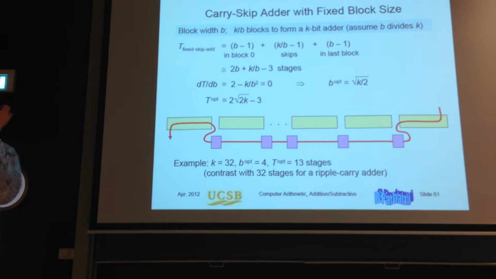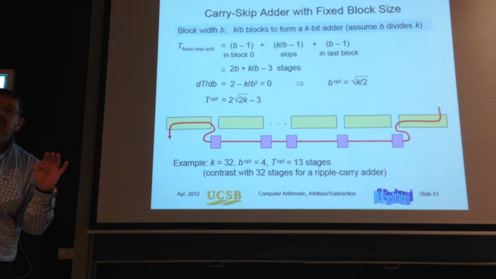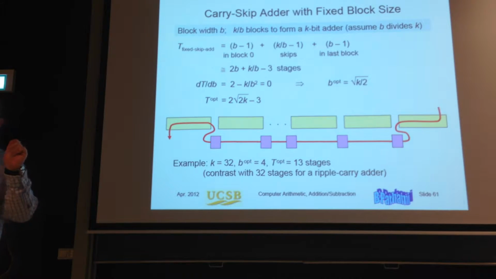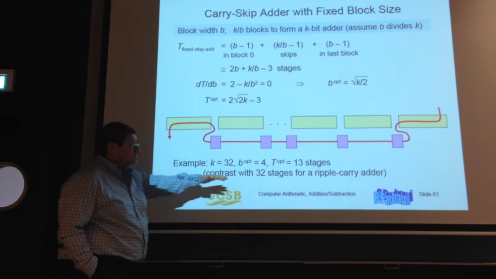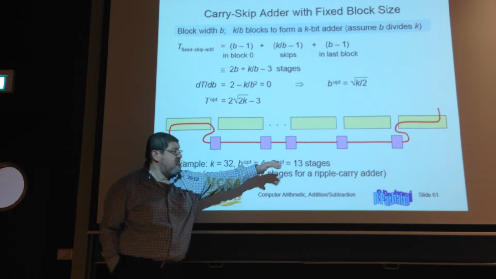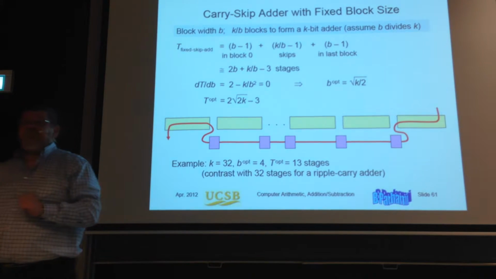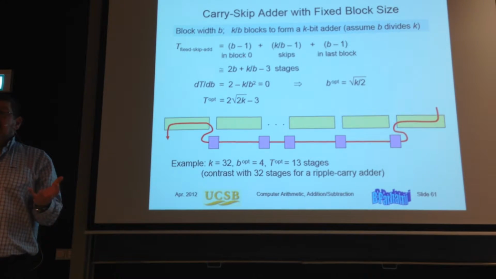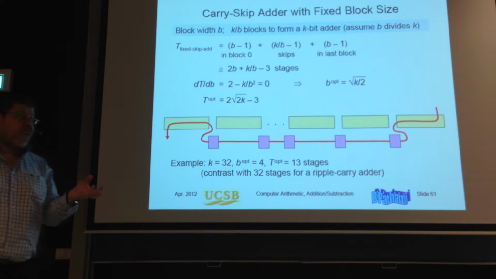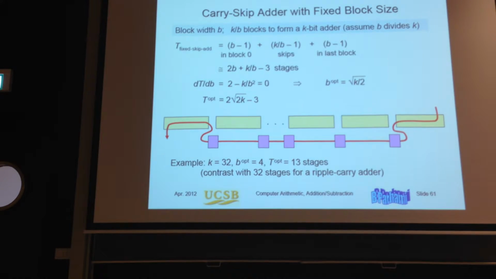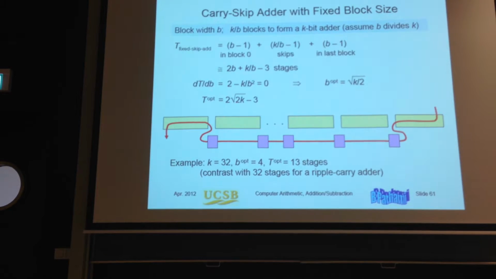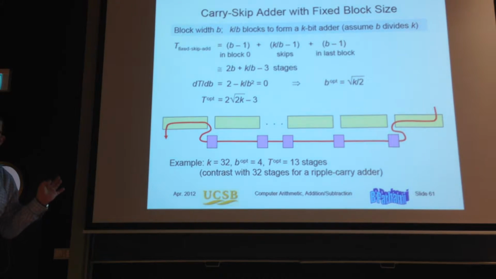If I had a 32-bit adder, which is very much like a ripple carry adder with very small overhead, instead of computing in 32 stages for the worst case, I compute in 13 stages. Then I got a fundamental improvement without having the overhead of the prefix calculation and that kind of thing. It's not that much. If I go for a prefix calculation, I'll get more, but I'll invest more.